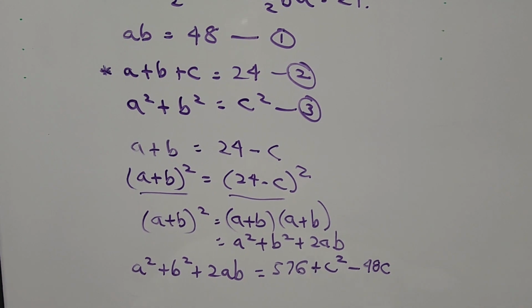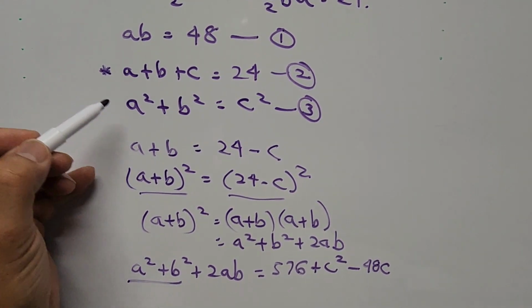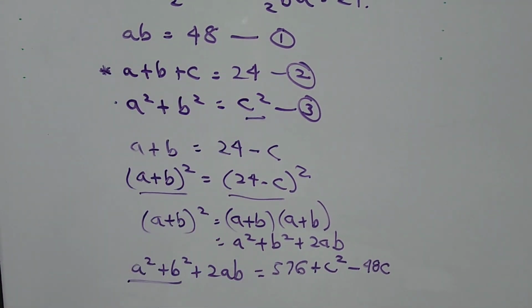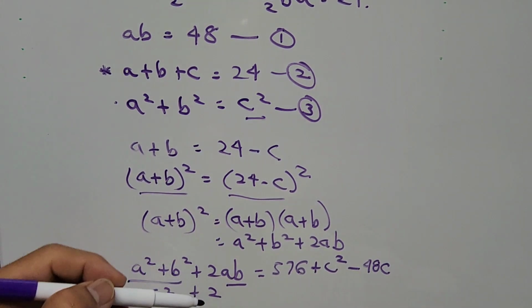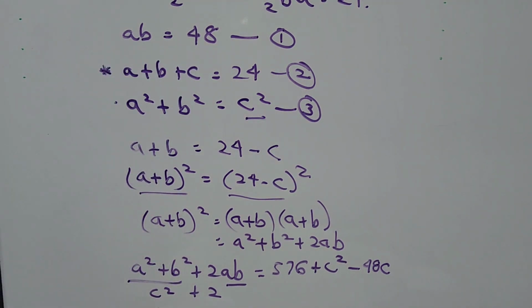Now we have A squared plus B squared, which from equation 3 is equal to C squared, so we can designate this as C squared. Then plus 2 times AB, and from equation 1, AB is 48, so we have 2 times 48, equal to 576 plus C squared minus 48C.